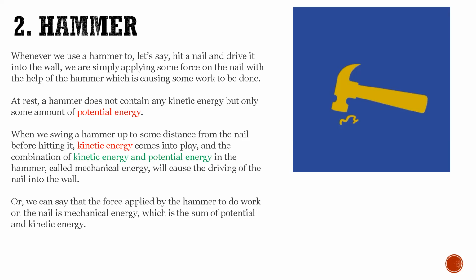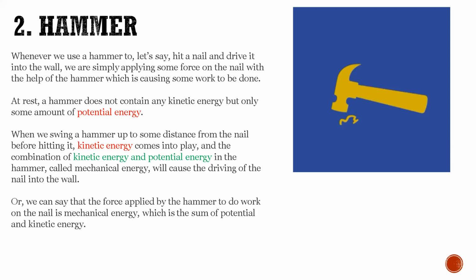Now, when you swing or hit the hammer, you move it up and down. So you make it move. Since you make it move, we have a kinetic energy. So at the end, we have kinetic and potential.